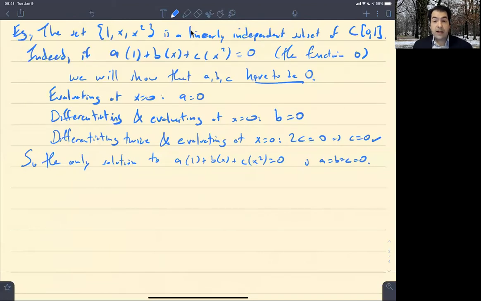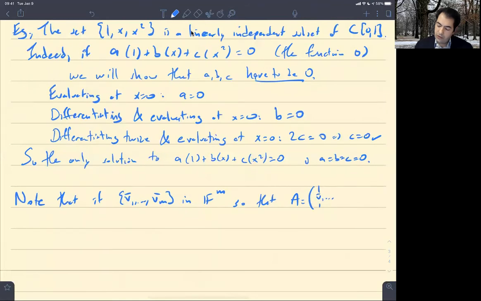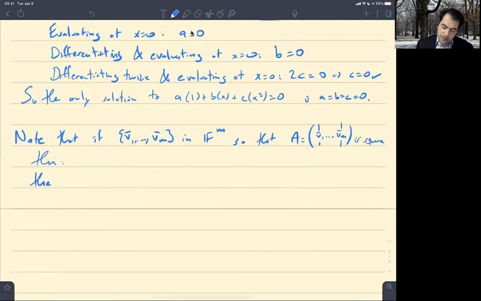Now, a particularly nice case is when you have just as many vectors in F^m as m, as coordinates. So note that if v1 through vm are vectors in F^m, so that the matrix A where I put these vectors as columns is square, then, okay, we can say that these are equivalent.